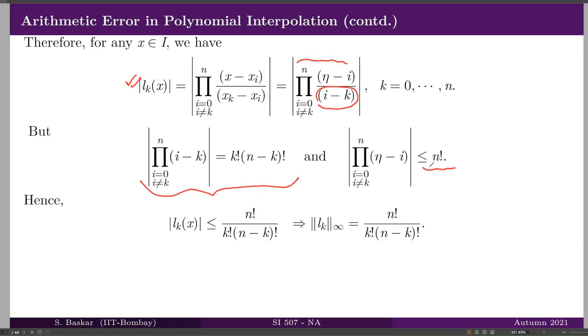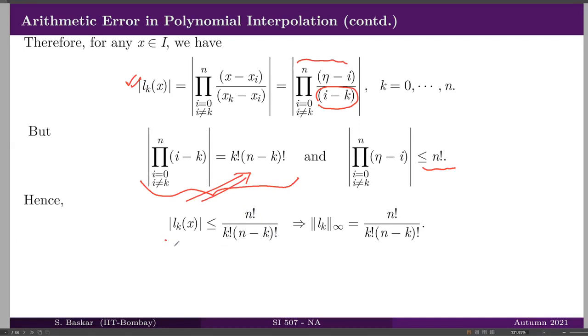Because the numerator is only dominated by n factorial. Therefore, your Lagrange polynomial Lk of x is less than or equal to n factorial divided by, use this one to write, k factorial into n minus k factorial.